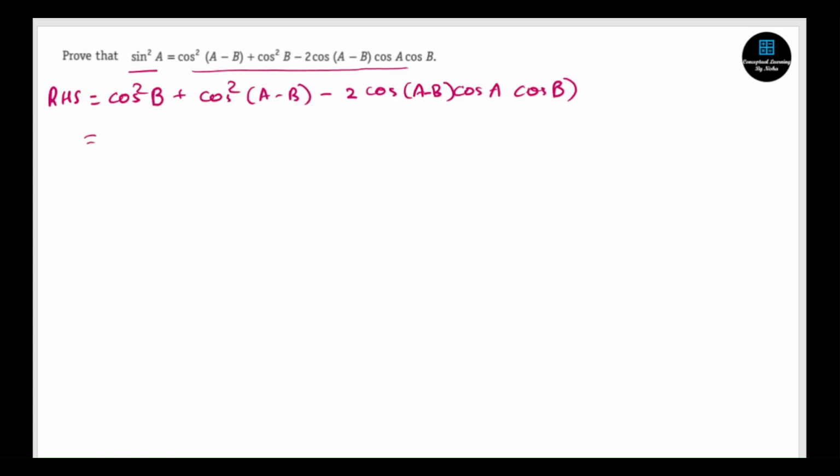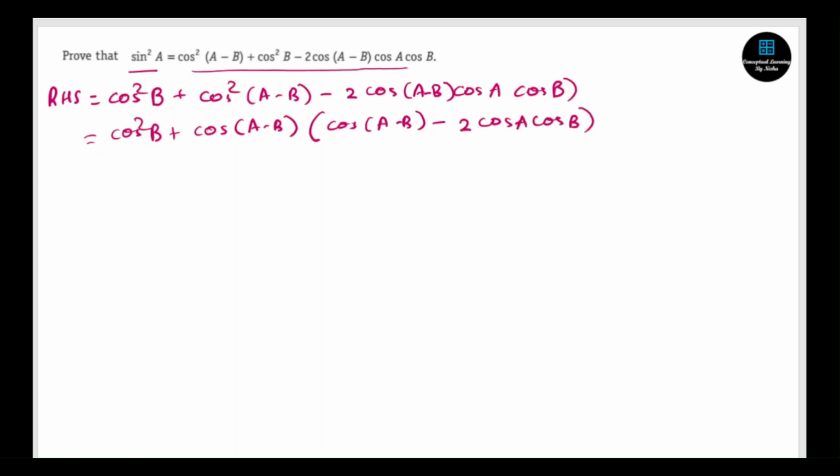Now I'll write this as it is, cos square B. Then I can take cos A minus B common. So cos A minus B common. Now what is left here is cos A minus B minus 2 cos A cos B.